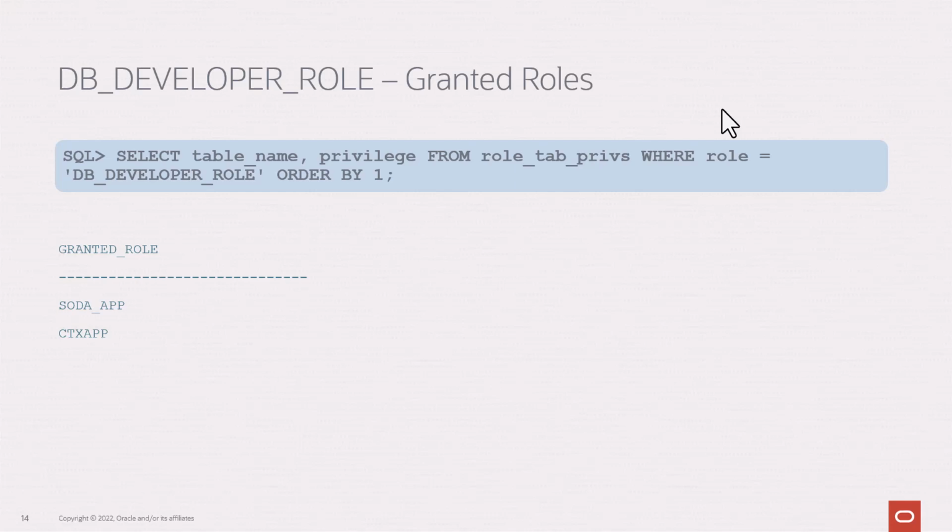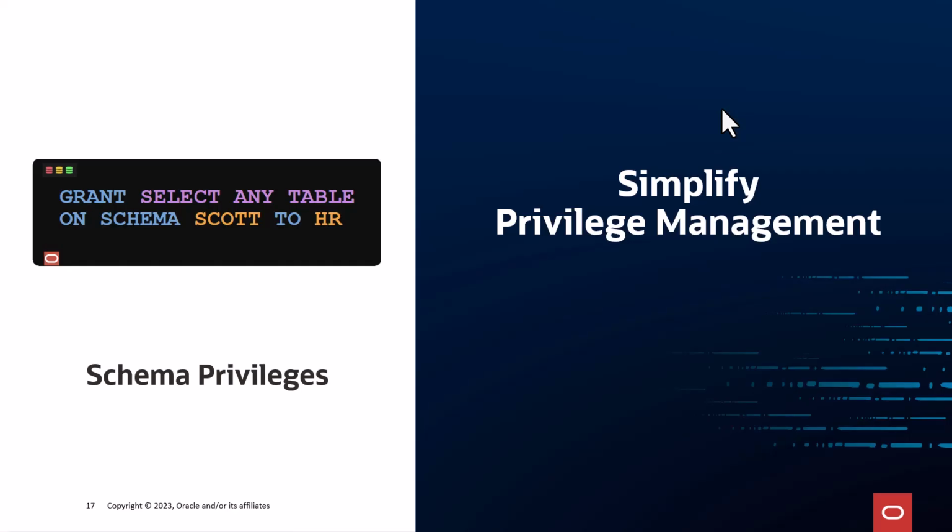So basically everything you need to develop even document-like applications. This SODA app role is what is required if you want to use the NoSQL style API that lets you create and store a collection of documents like JSON in the database, or the CTX app role that allows you to create text indexes on your data.